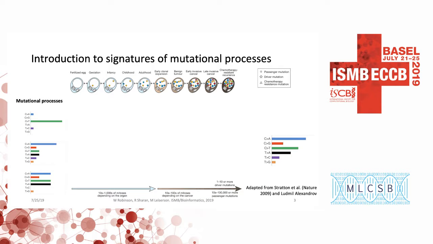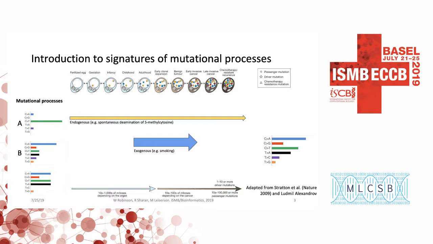So let's look at an example of how we can have three distinct mutational processes that combine to form the mutations in a cancer. First, we have an endogenous mutational process that's happening at a low level throughout all of your cells. And then later on, we have an exogenous mutational process, let's say smoking, that occurs at a high rate, but only while the patient is smoking.